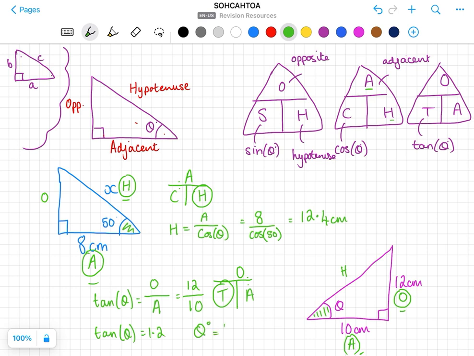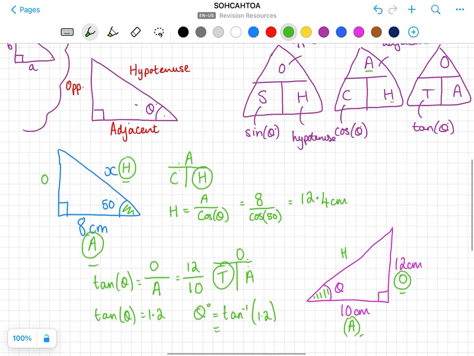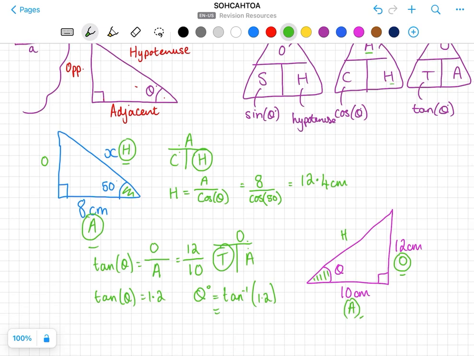This is where we need to use the inverse tan. So we do the inverse tan of 1.2. On your calculator that is the shift and then the tan button, then your answer. Press equals and we get an answer of 50.2 degrees to 1 decimal place.